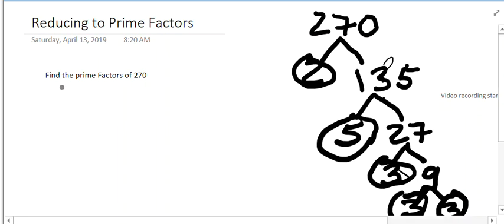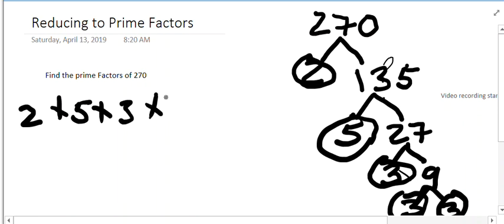So we can write that as 2 times 5 times 3 times 3 times 3. So if we multiplied this all out, we would get 270.